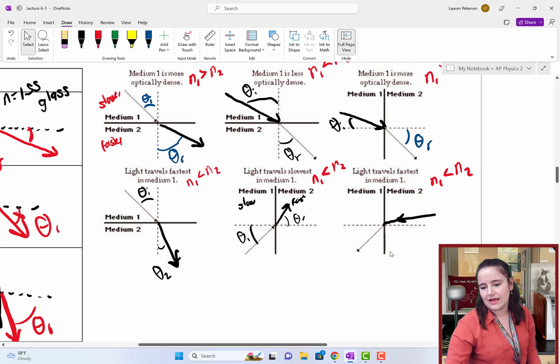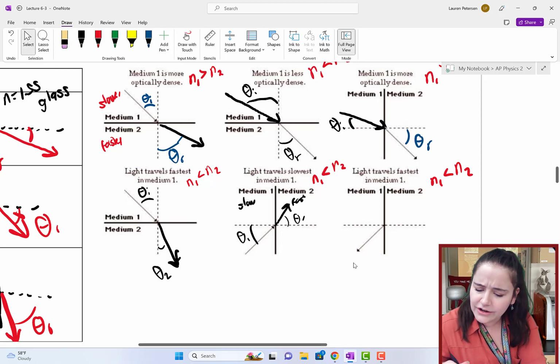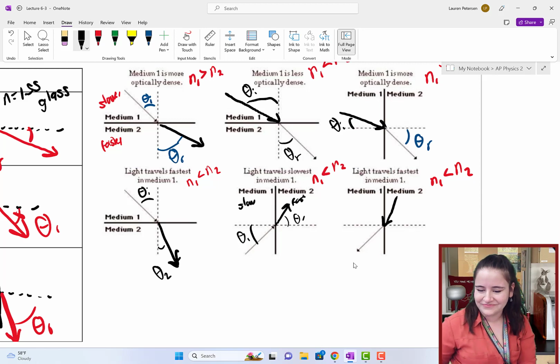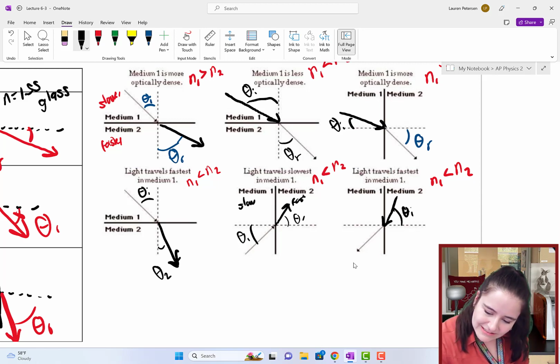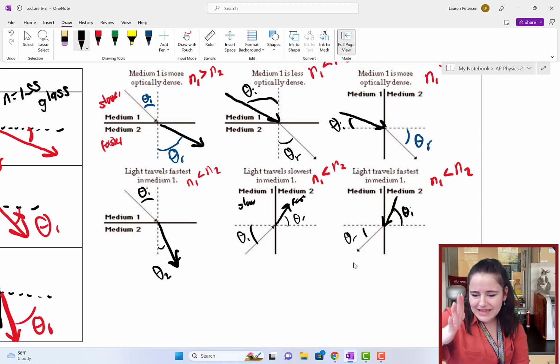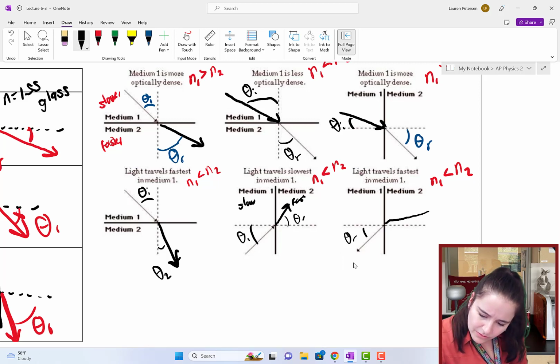It's very confusing when they draw those refracted angles. Okay, there we go. Angle of incidence, angle of refraction. Wait, I had it right the first time. When it speeds up, it'll bend away from the normal.